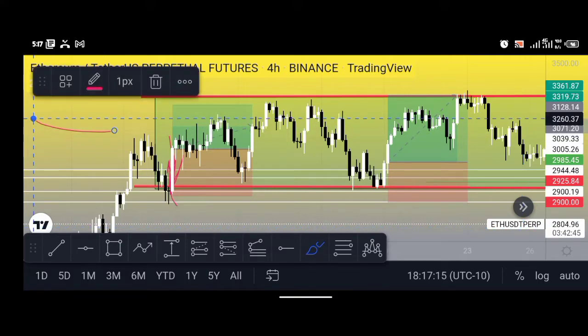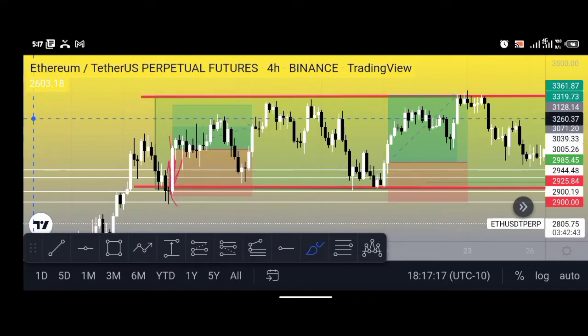So let me show you the bearish example of how to short your market.